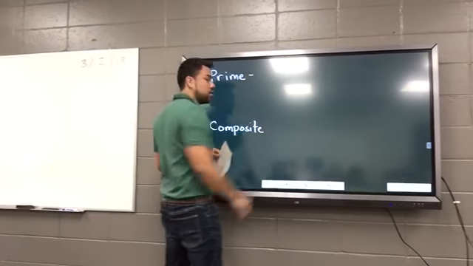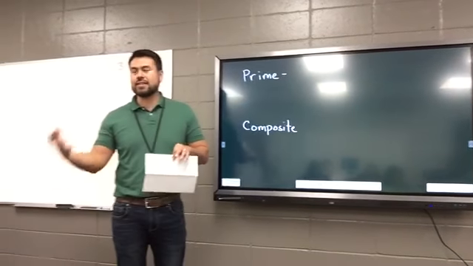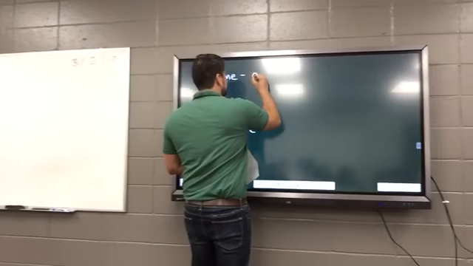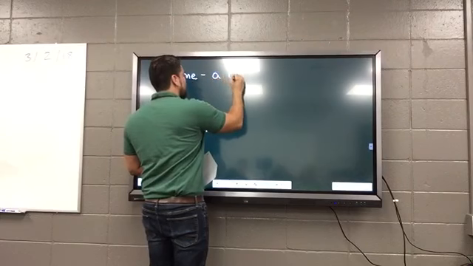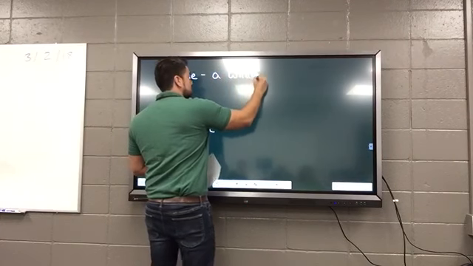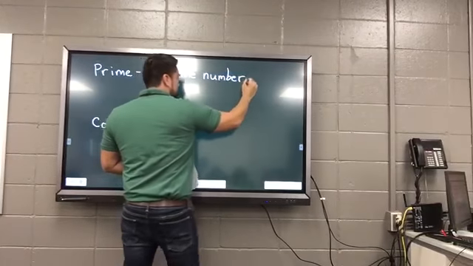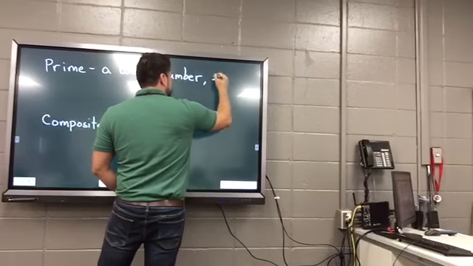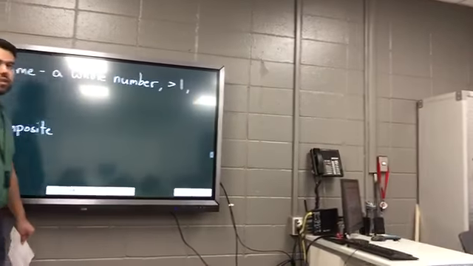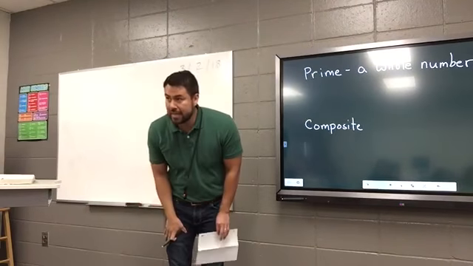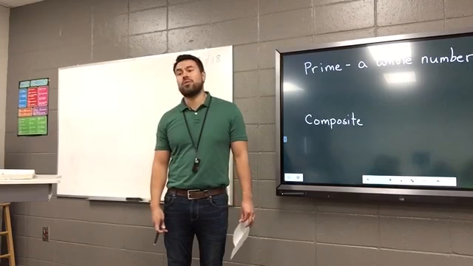I'm going to give you a technical definition because then I get questions like, but what about this number? A prime number is a whole number. So it's a specific type of number. And then we say greater than 1. So can it be a negative number? Can it be 0?